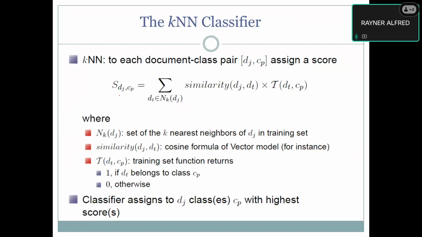So for KNN, to each document pair, we assign a score. This score is actually the distance between the new document and the class that we have defined here. The score is computed by looking at the similarity between the new document and the documents that you have.